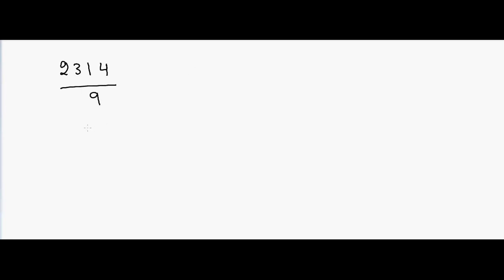We add all these 4 digits together. So 2 plus 3 plus 1 plus 4 gives me 5, plus 1 is 6, plus 4 is 10. If you divide 10 by 9, you will get 1 as a remainder. So your remainder would be 1 in that case.